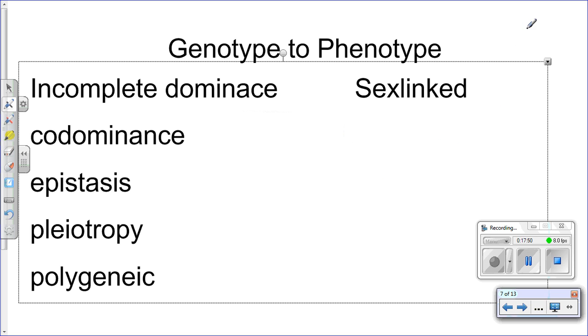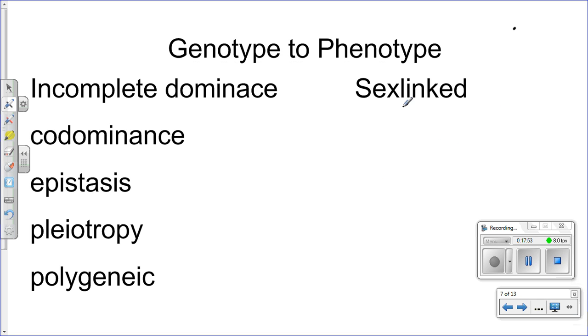All right, genotypes and phenotypes. We'll move on and talk about some of the different things that go into understanding how inheritance is passed. Incomplete dominance, right? I'm going to do it as simple as I possibly can. Big R would be red, and little r would be white. If this is complete dominance, this big R would be red as well.